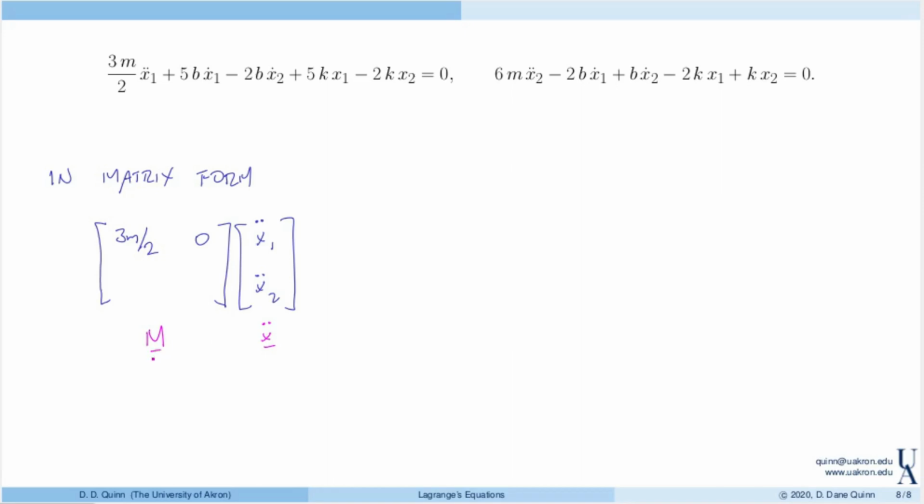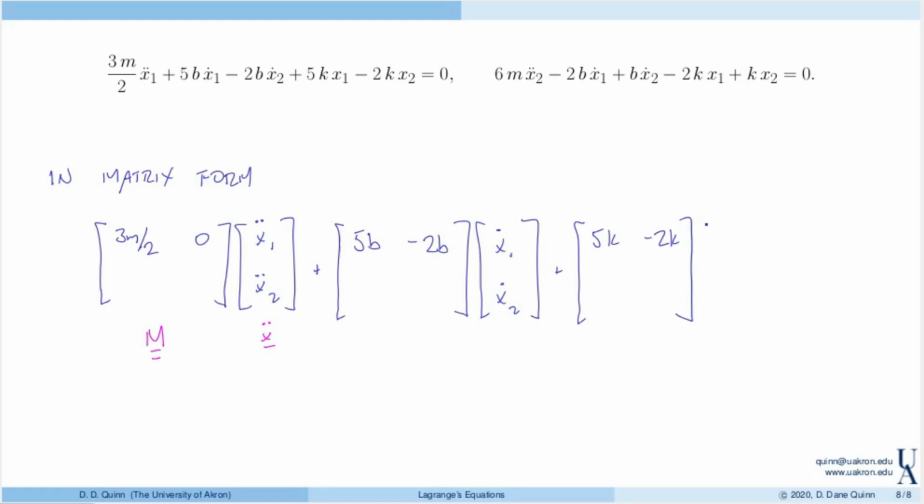And this will be my mass matrix. The damping terms will come next. Now we have 5b and minus 2b, x1 dot, x2 dot. And then for the stiffness terms, we actually have 5k, minus 2k, x1, x2. And then this equals 0.